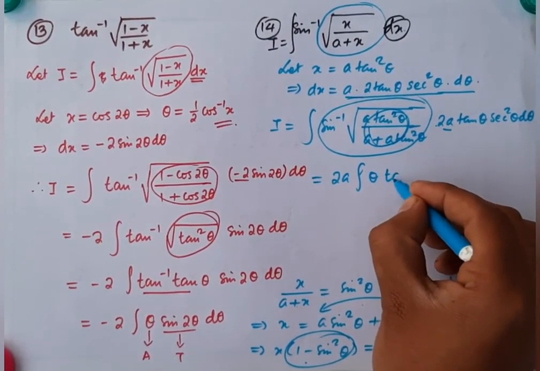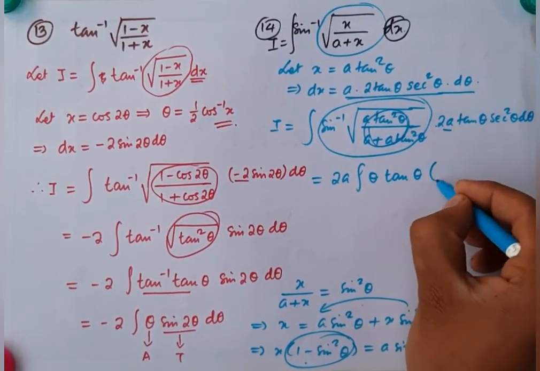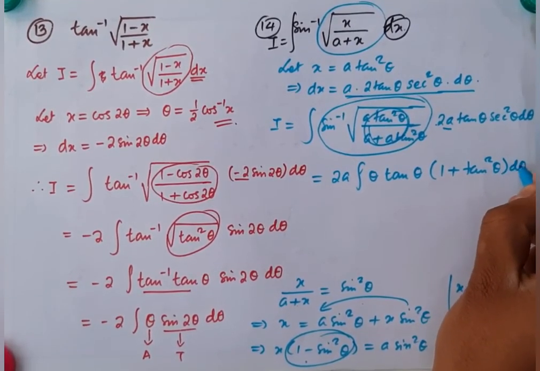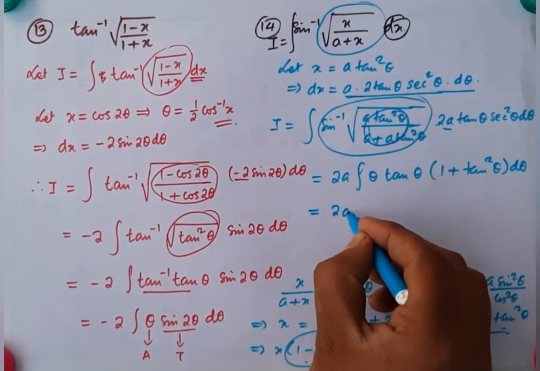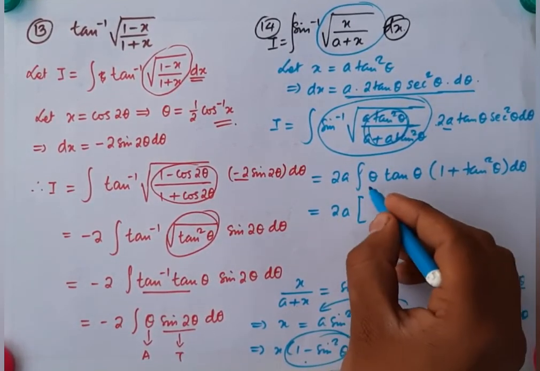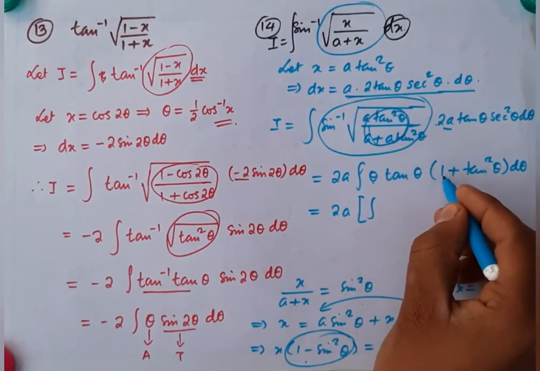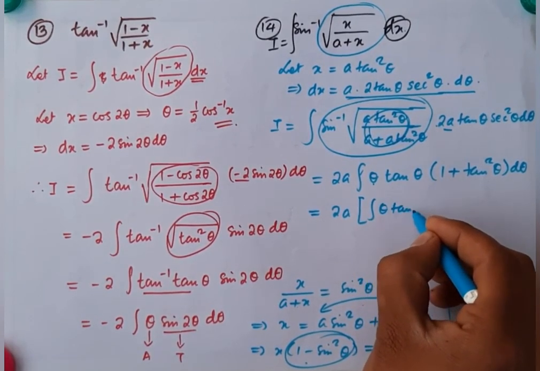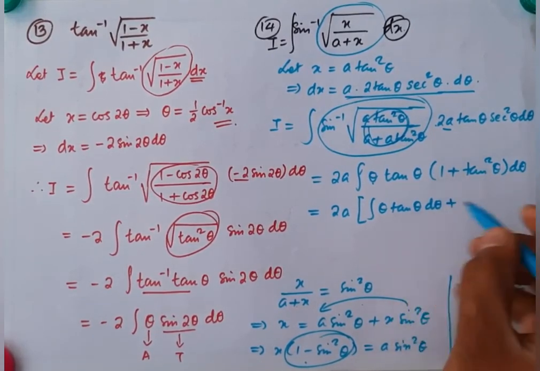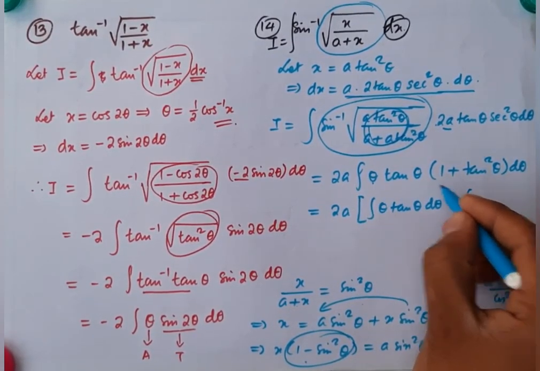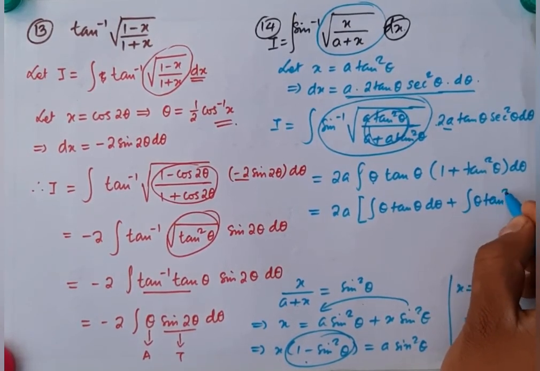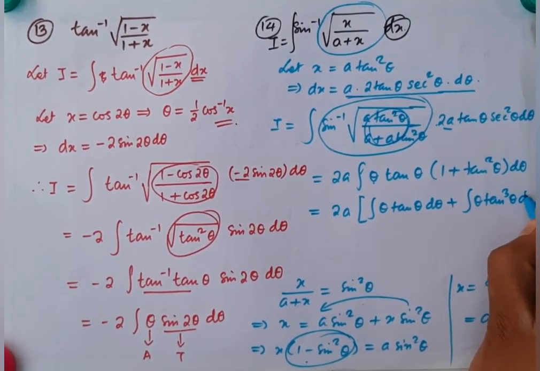So theta tan theta, now you know that sec square theta can be written as 1 plus tan square theta d theta. Now 2a, let me make two different integrals out here. One is theta tan theta d theta, plus another, we have theta tan theta into tan square theta, which is theta tan cube theta d theta.